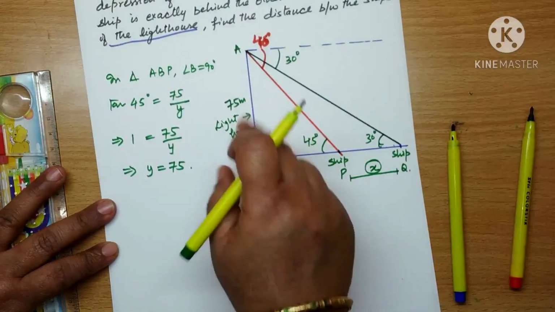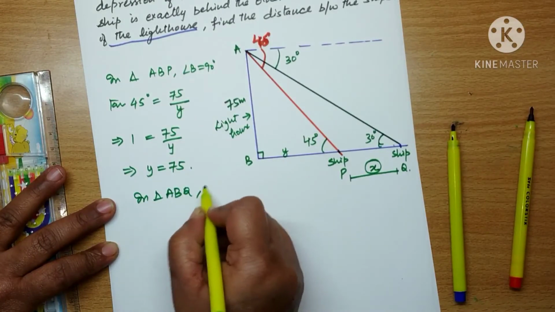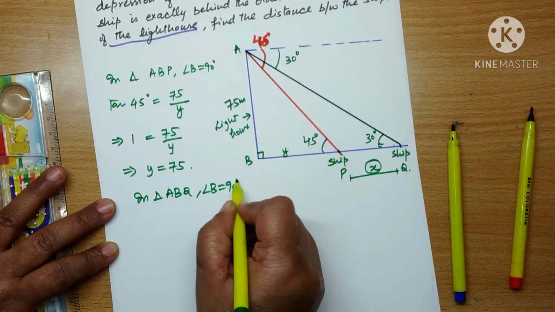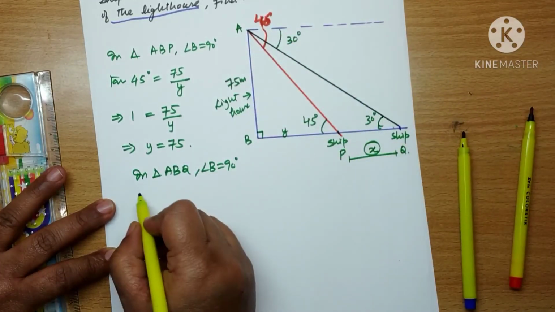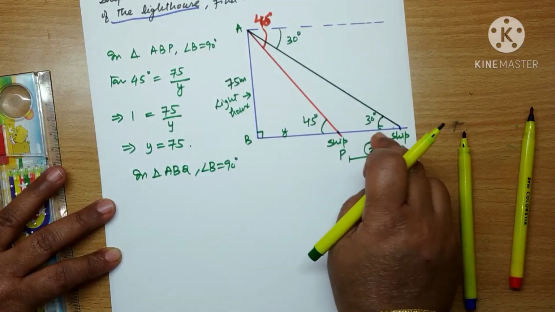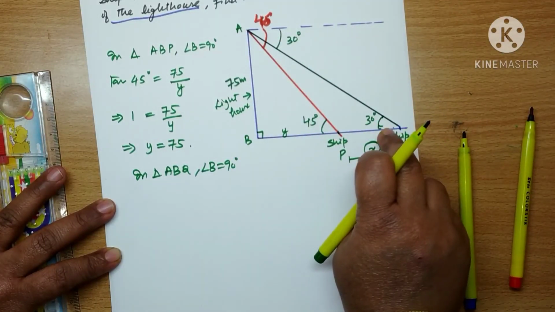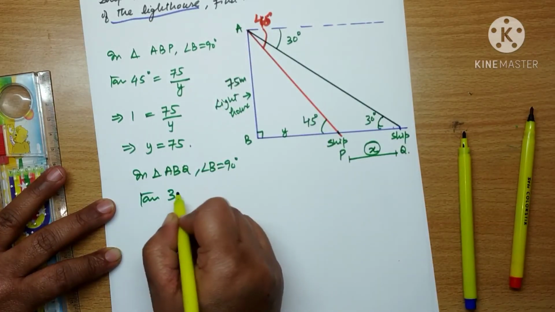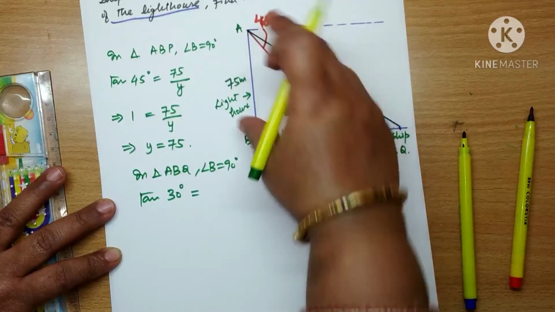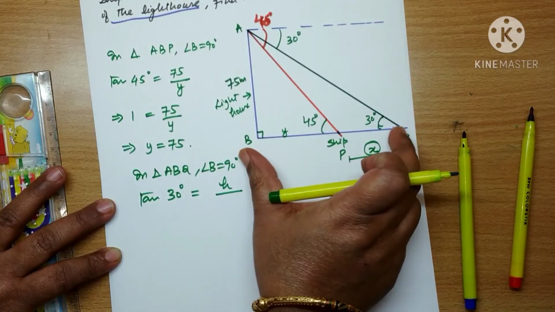Next, in the bigger triangle, in triangle ABQ, angle B is 90. So what do we have? The angle of depression was 30. So in this triangle, since these are alternate angles, this angle is my 30. So in this triangle, tangent 30 is perpendicular by base, h is 75 and the base is x plus y.